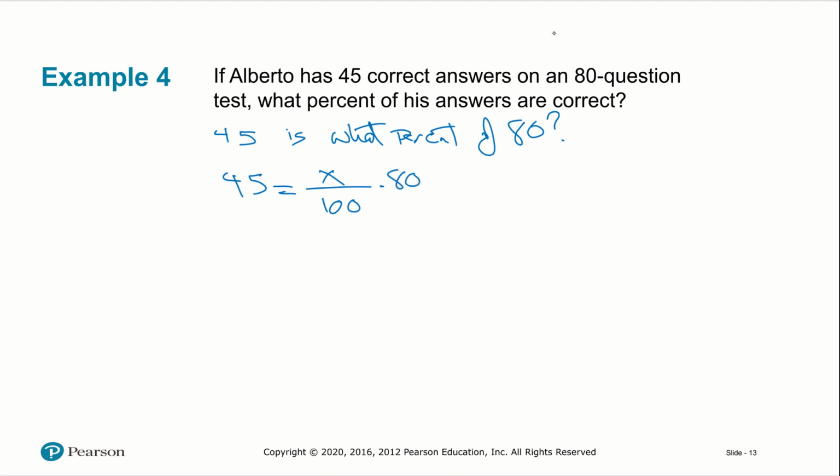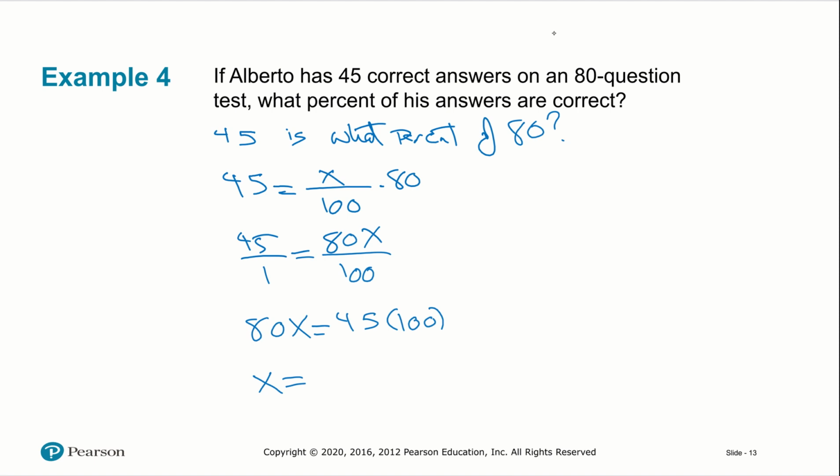And we realize that's just 45 over 1 equals 80x over 100. We go ahead and cross multiply. We get 80x equals 45 times 100. So we divide both sides by 80.